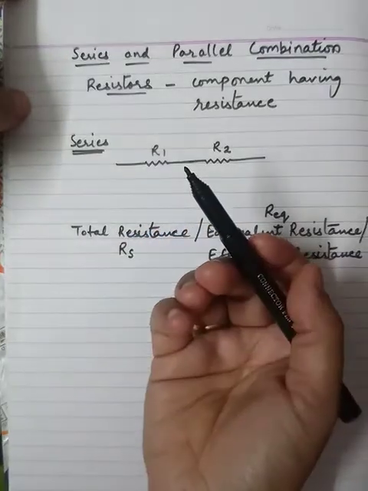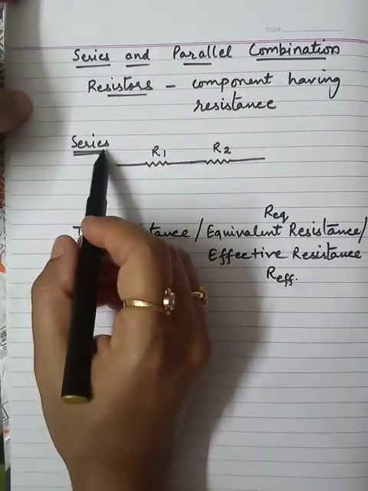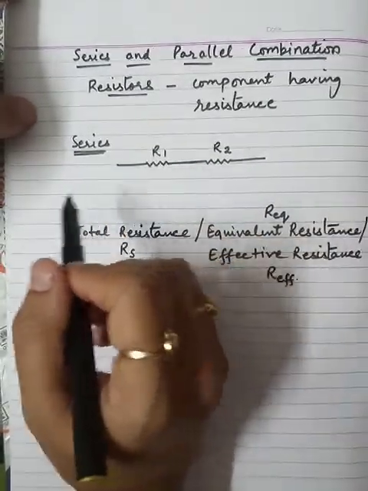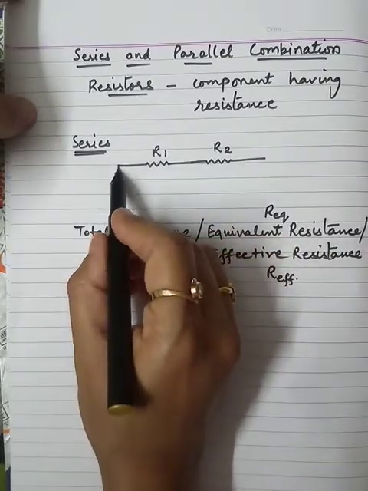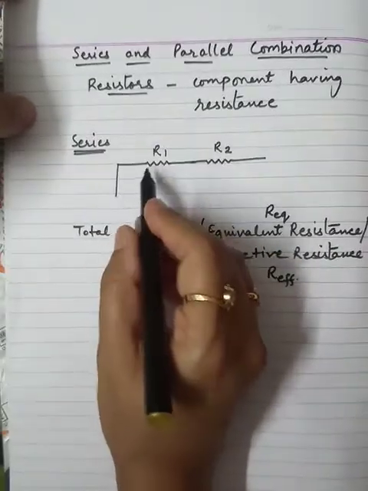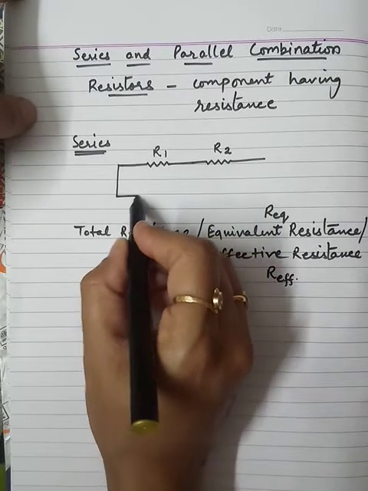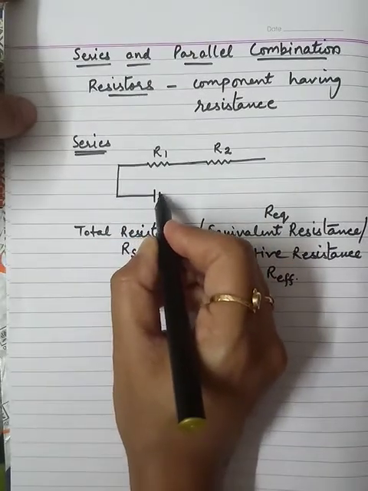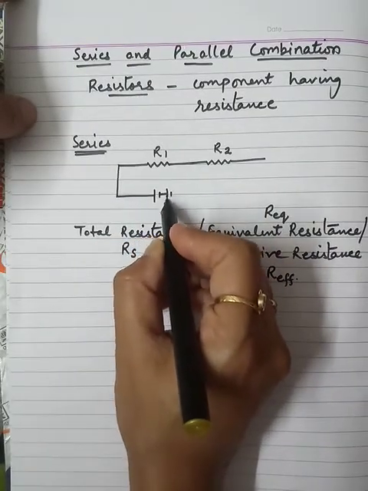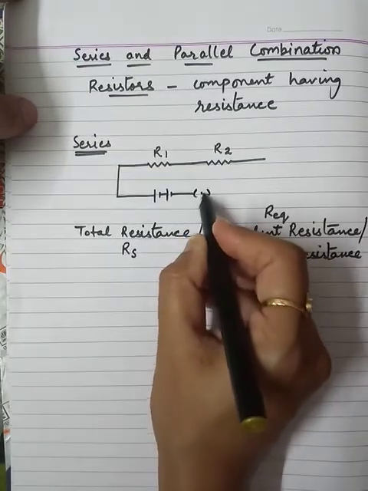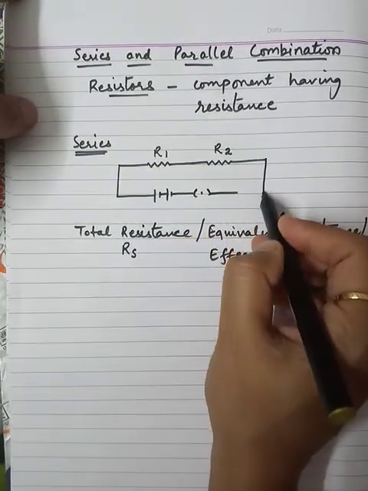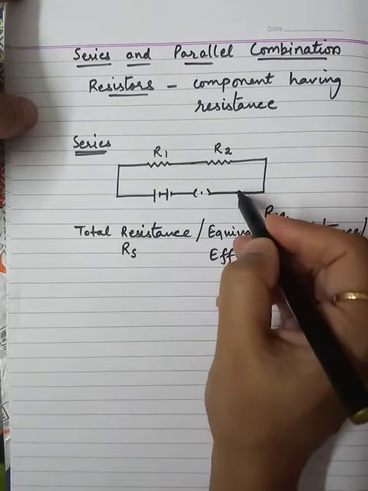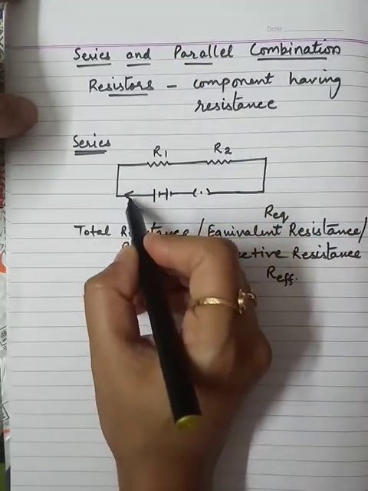Now how to find out total resistance in the case of series combination of resistors? First of all, we can combine these two resistors in series combination and connect both of them with a battery and a key to complete the circuit. Okay, the current is flowing in this direction.